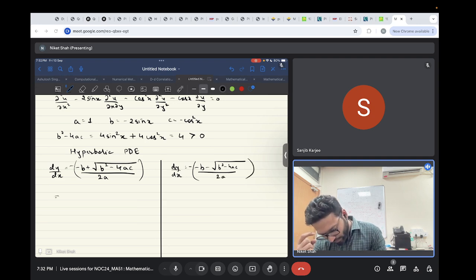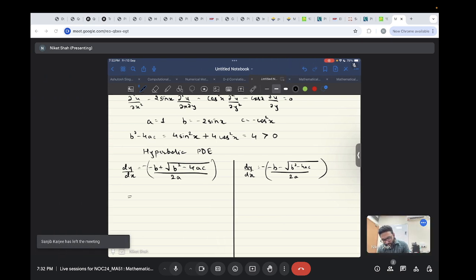Okay, so what does it become in this case? It's b, which is minus 2 sine x, minus square root of b square minus 4ac, which is 4. It is a constant, right? The square root of 4 is 2, and there is a minus sign there.